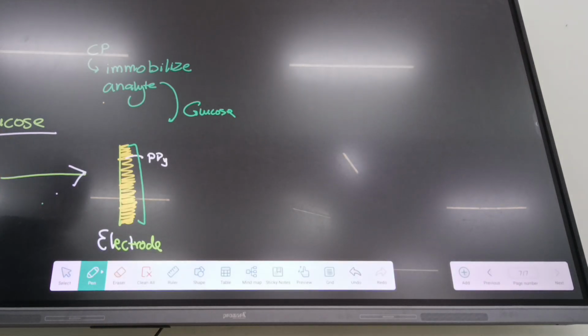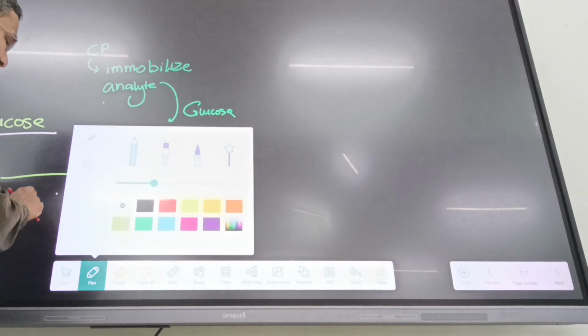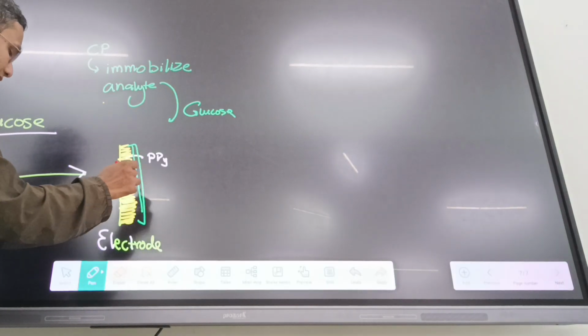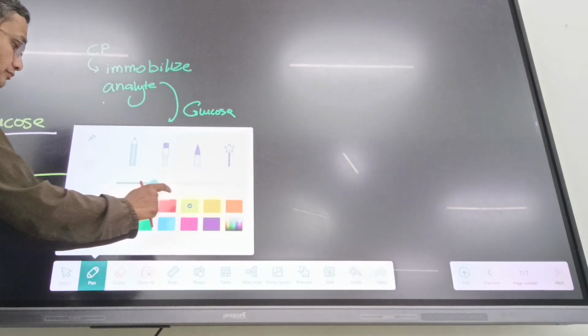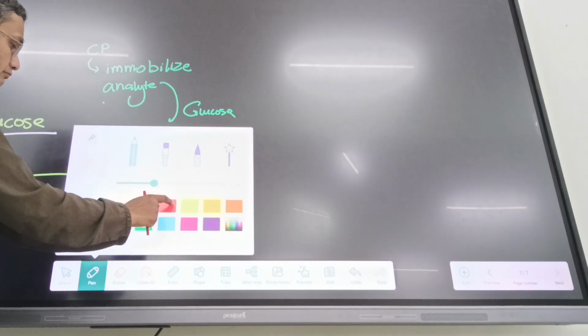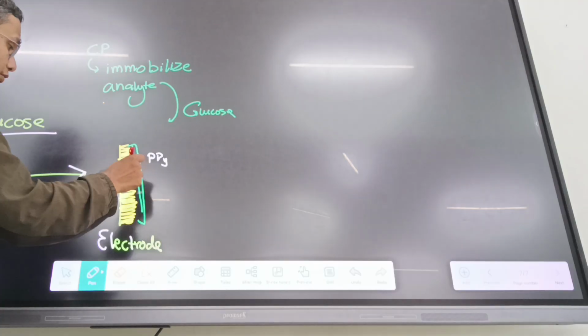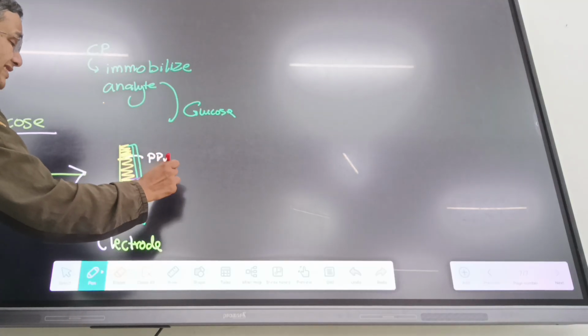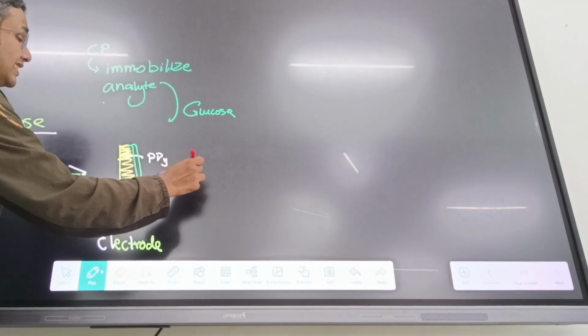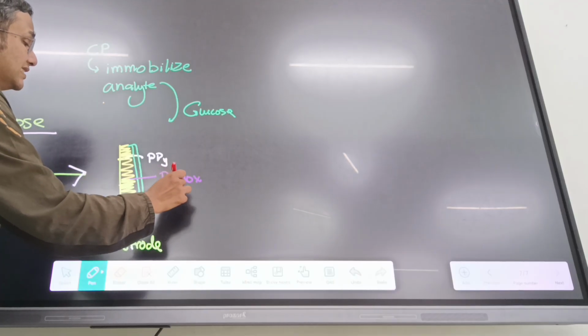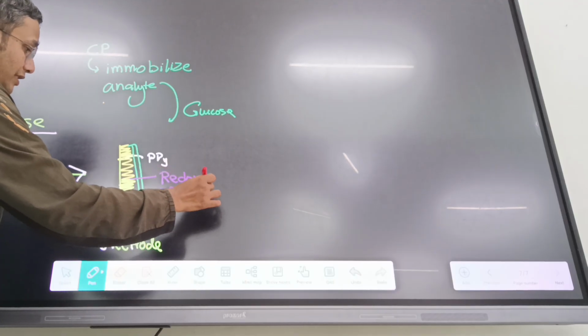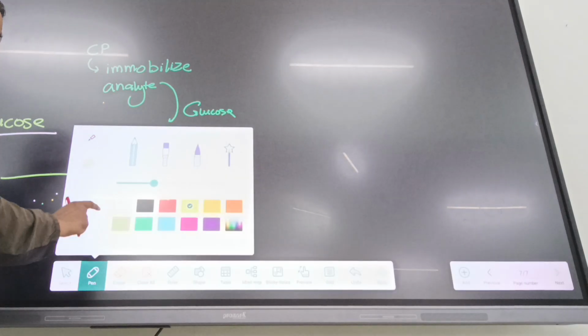After that, the redox reaction takes place. Glucose undergoes a redox reaction. Because of the redox reaction, it forms glucose oxidase.